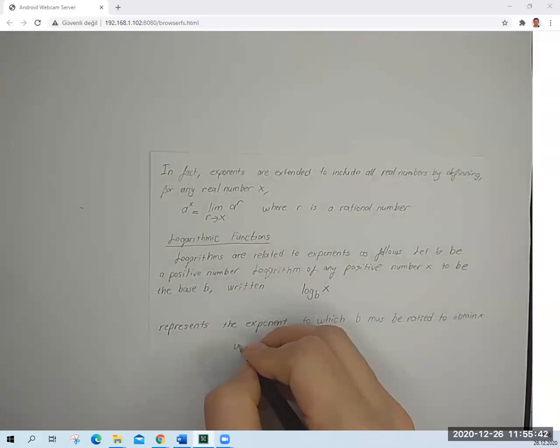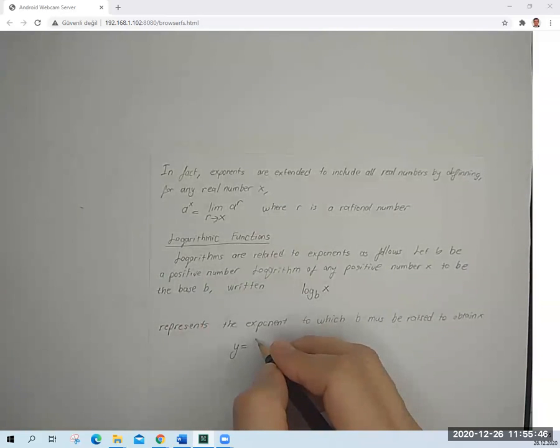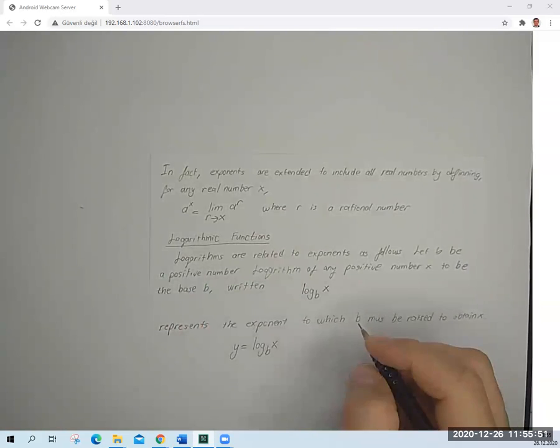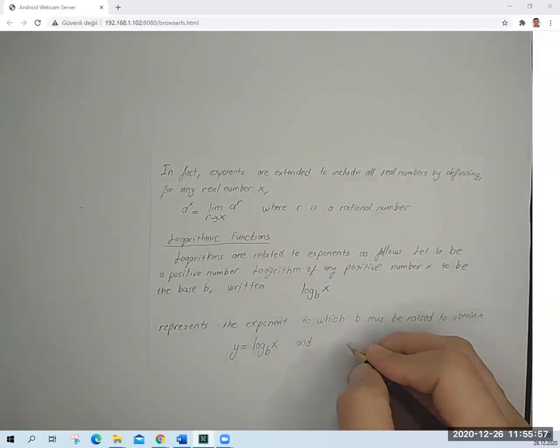So if y is equal to log base b of x, this is also equal to b to the power y is equal to x.